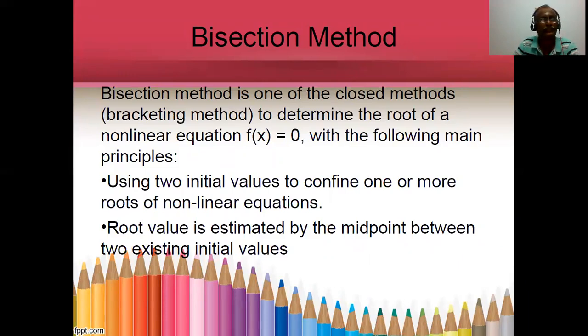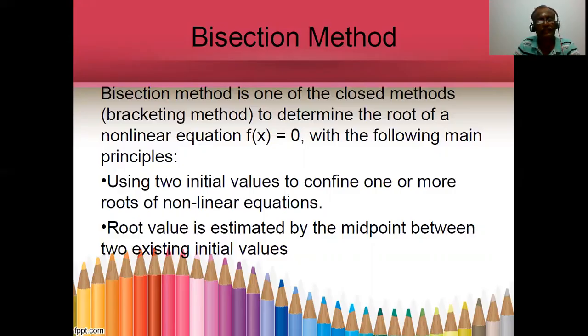The bisection method is one of the closed methods or bracketing methods to find the roots of nonlinear equations like polynomial equations or transcendental equations.